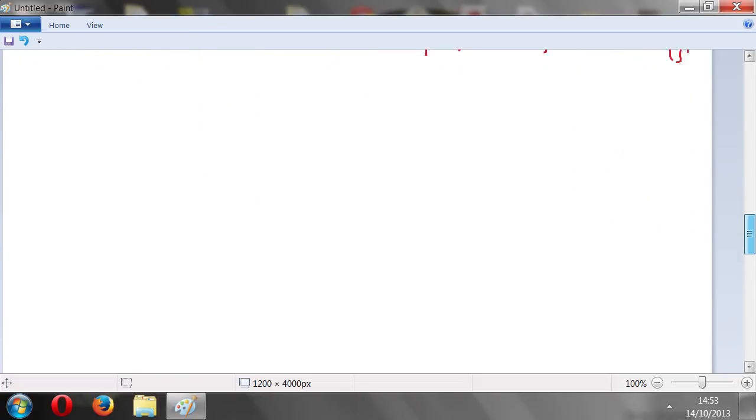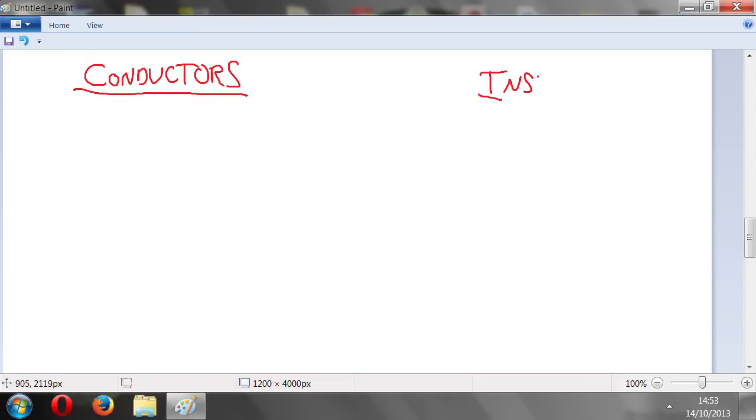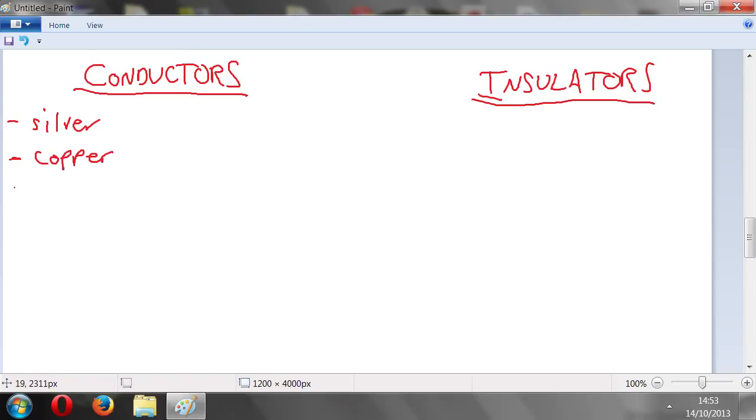So let's do a list. We're going to put conductors on the left here and insulators on the right. Hopefully I'll be able to fit it in the screen space I've got now. It's quite good getting rid of that ribbon. So let's put some down. We've got silver, a very, very good conductor. Copper. Gold.